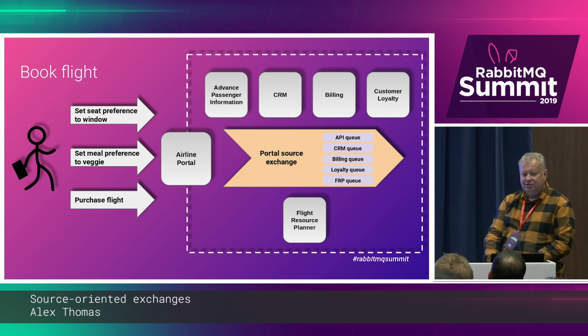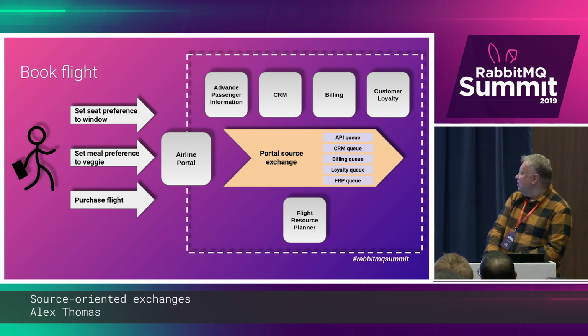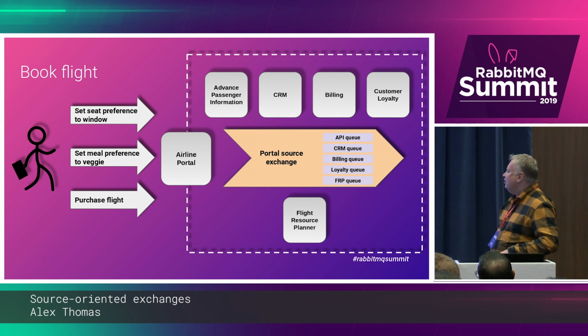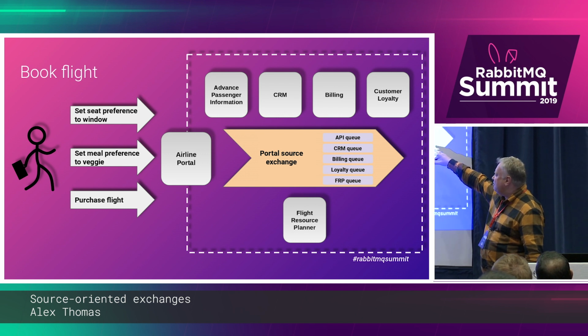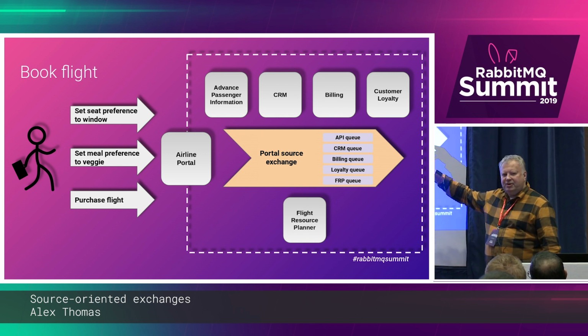So it fits quite neatly into the Rabbit model. Any suggestions as to how you might arrange the routing here? What sort of exchange are we talking about?